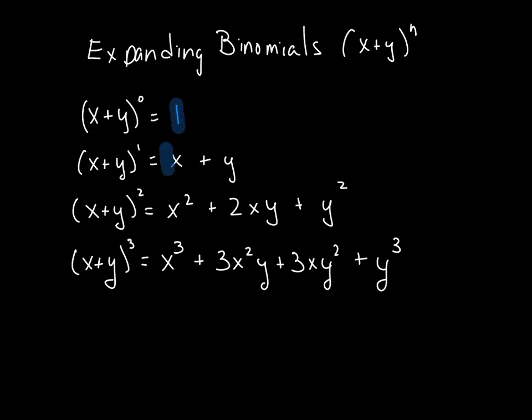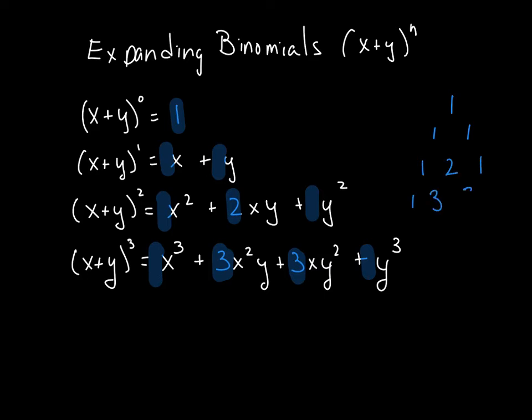The coefficients in front of this would be 1, 1, 1, 2, 1, 1, 3, 3, and 1. And hopefully you see that pattern emerge that is the same as Pascal's triangle from all of those coefficients.